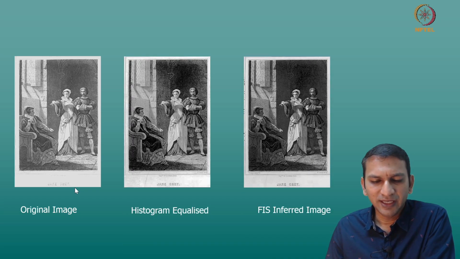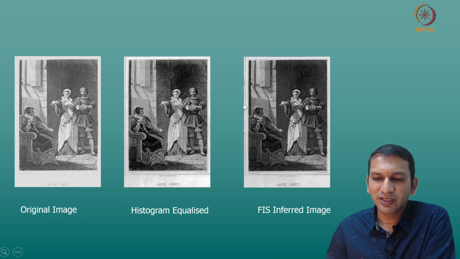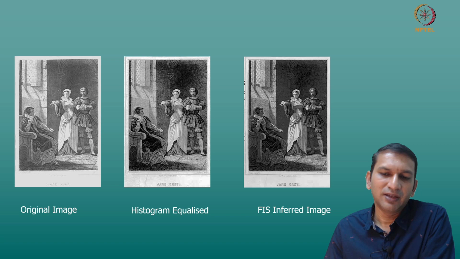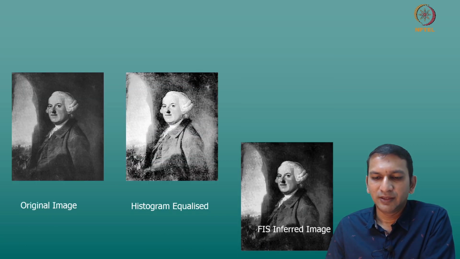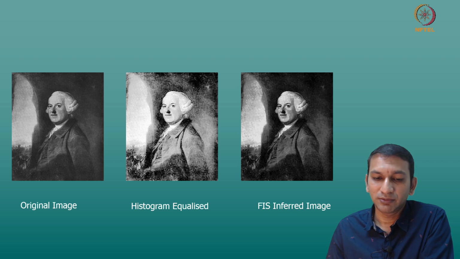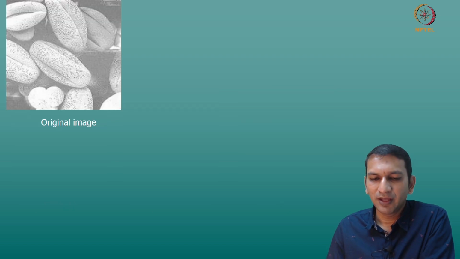Once again, even in this case, you might notice that the depth behind the characters is much better in the image obtained by applying the fuzzy inference system. Once again, it is immediately palpable that the third image is far superior to the first two images.